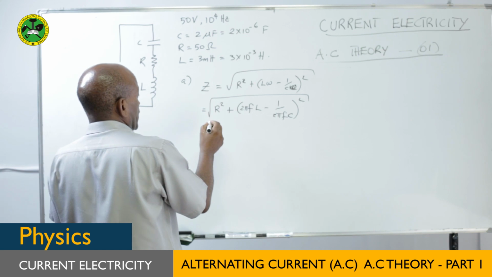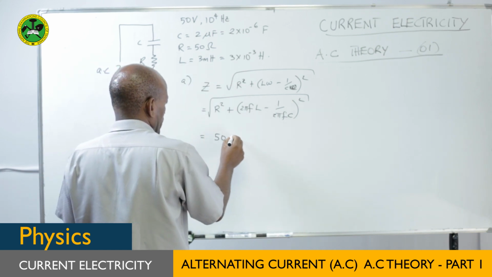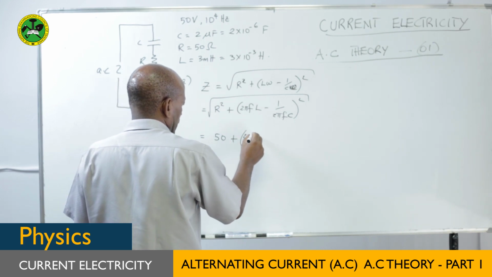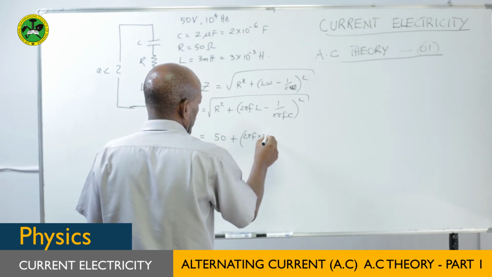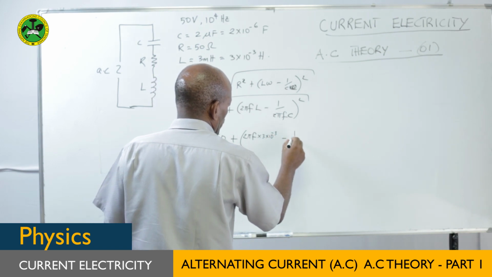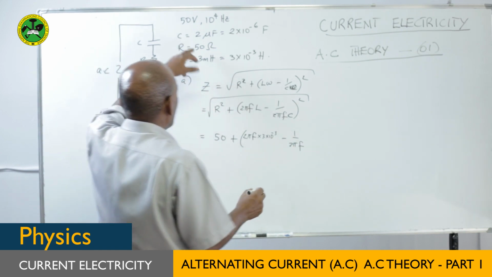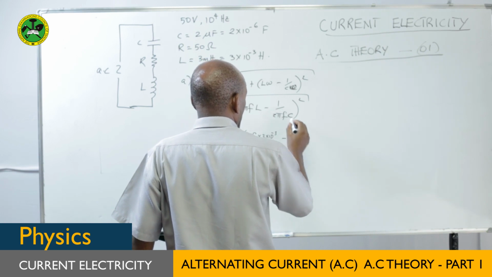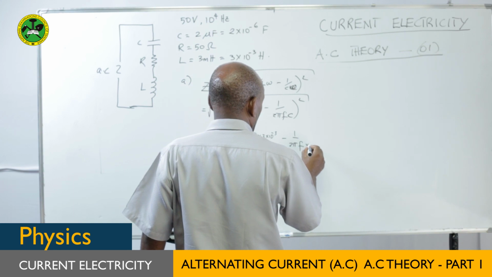The resistance R is 50 ohms. And 2 pi F times L for the inductor, with L equal to 3 times 10 power minus 3, minus 1 over 2 pi times F, the frequency being 10 power 4 hertz, multiplied with the capacitance C, which is 2 times 10 power minus 6, 2 microfarad.